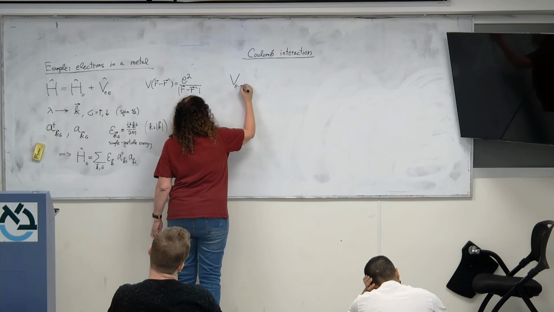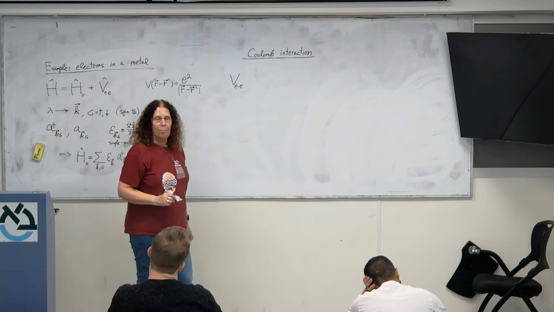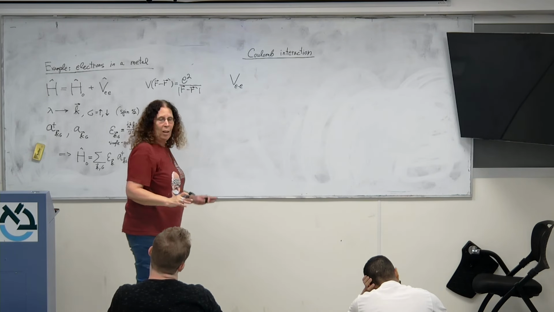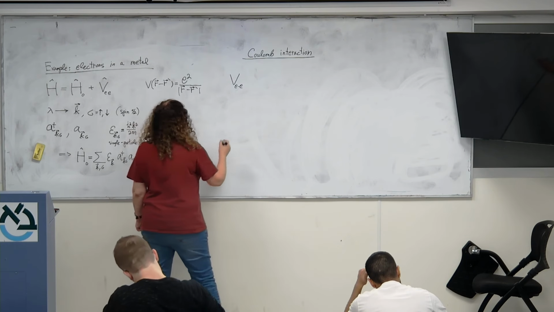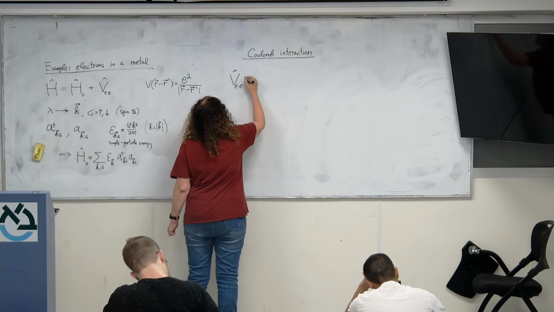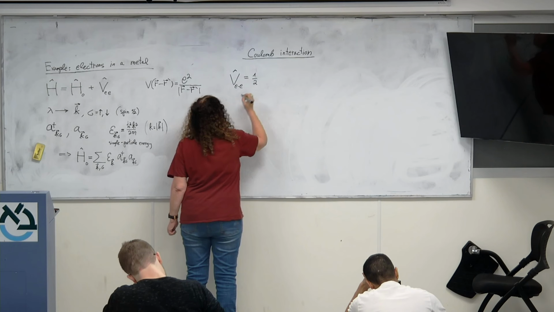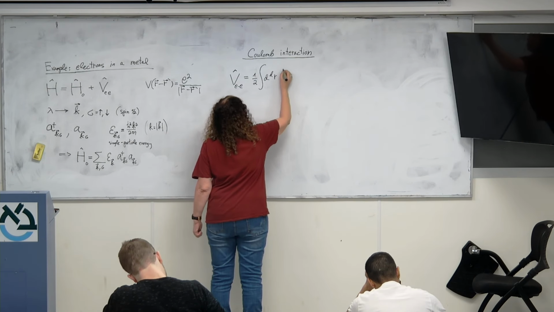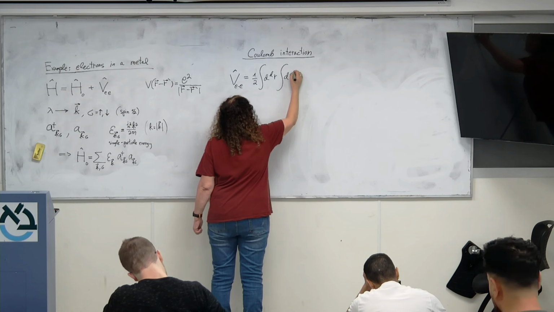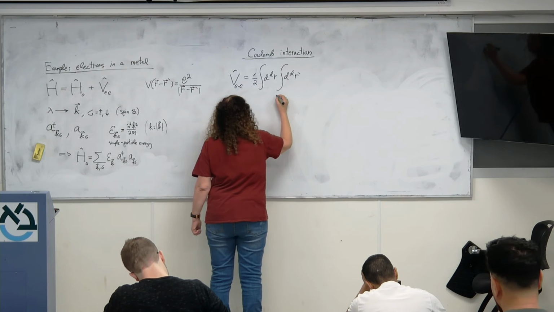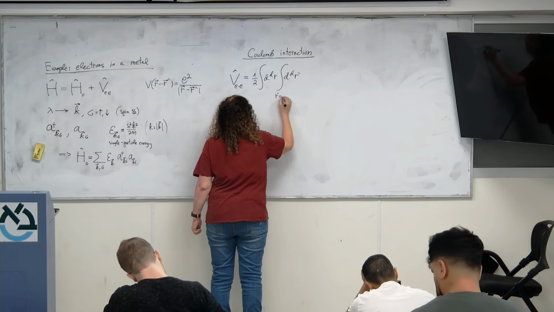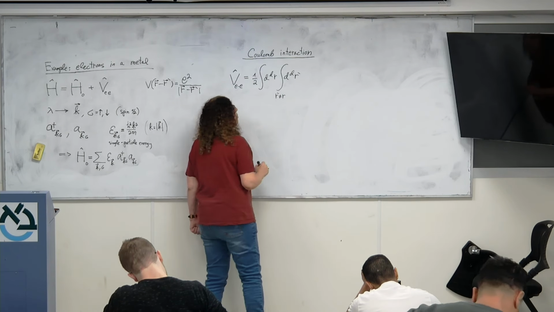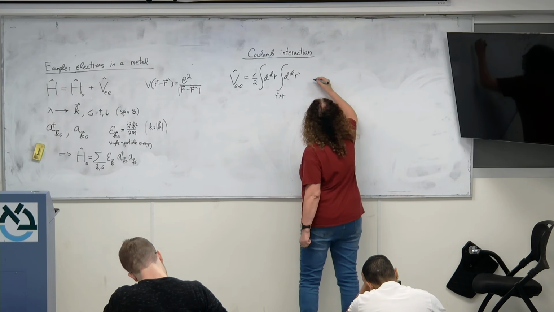I first start by writing the general expression in real space, just as we had earlier. Here we have some restriction, R different from R prime.